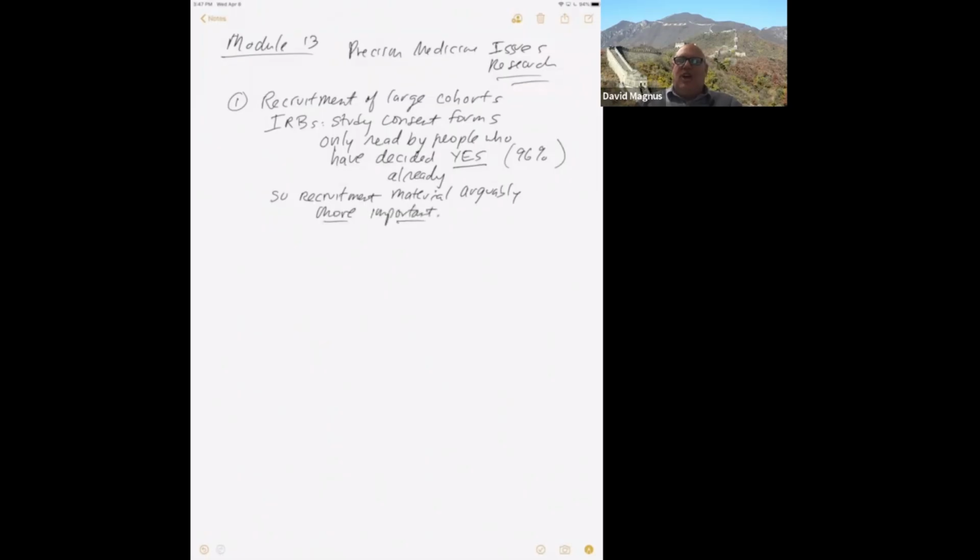One reason why it's challenging is that although IRBs do regulate and oversee recruitment efforts, formal recruitment efforts, in practice, there are educational activities which are not reviewed. There are just announcements and press releases that go out.